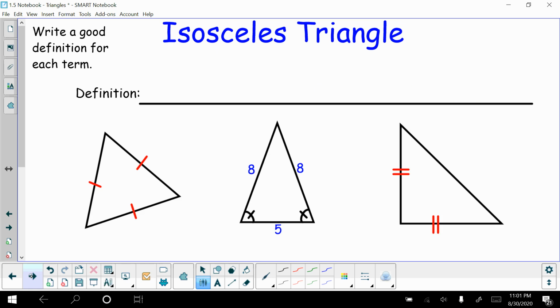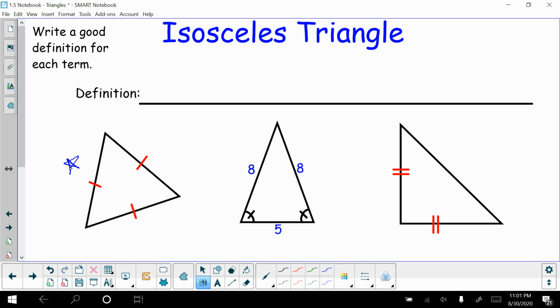Okay. Next type of triangle is an isosceles triangle. I think you've heard of this before, but one thing that you probably didn't know is put a little star on this first picture and definitely draw it. Notice it has all three. This one's the equilateral. This one is also known as an isosceles triangle.